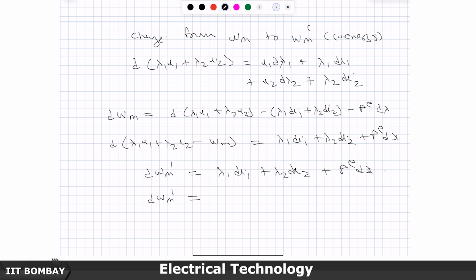Now, to calculate Wm dash, what will we do? We will integrate it. First, we will de-energize the system and bring it to the necessary x position.